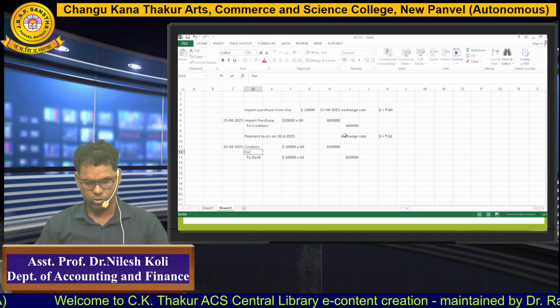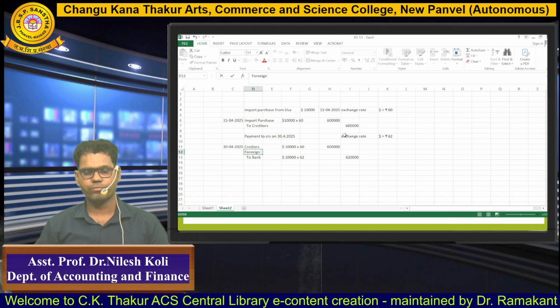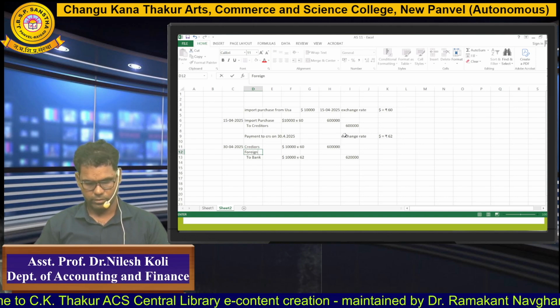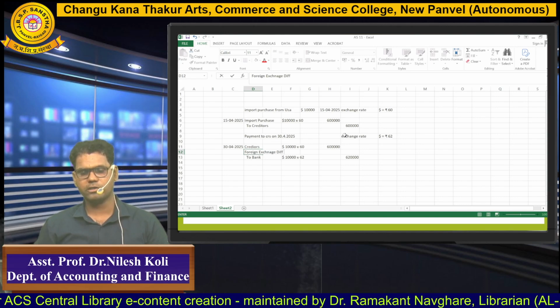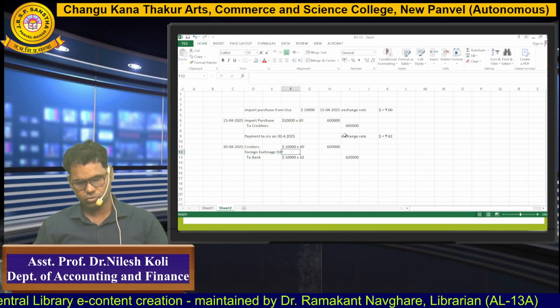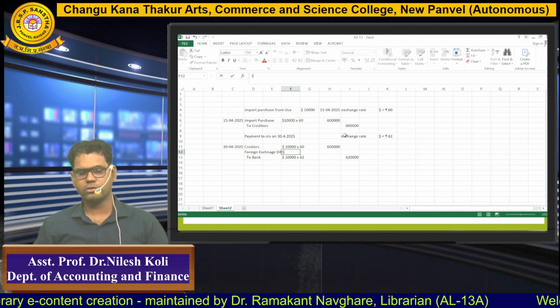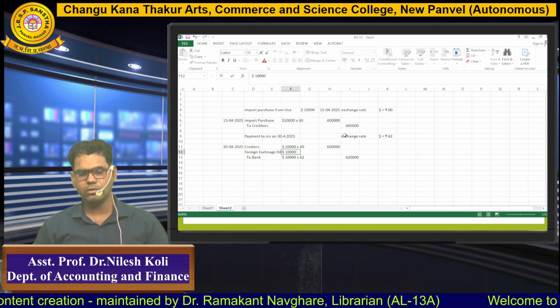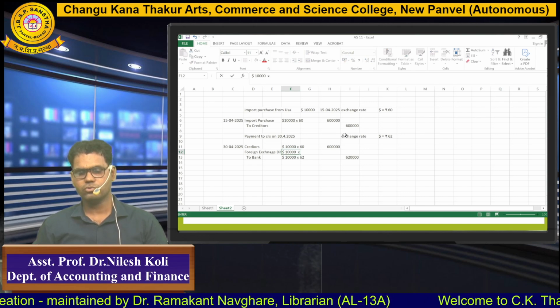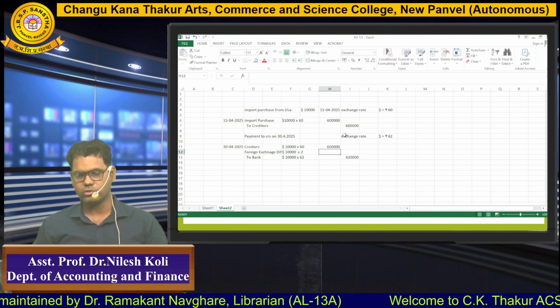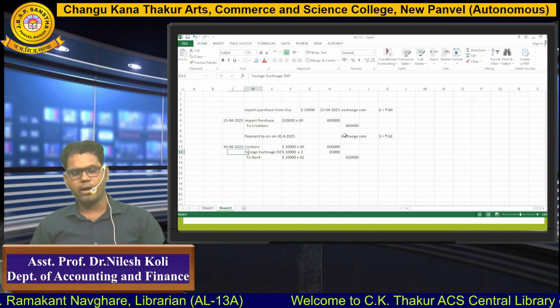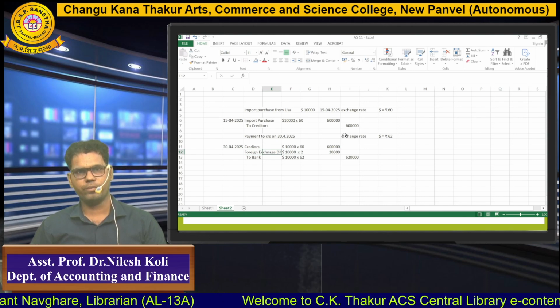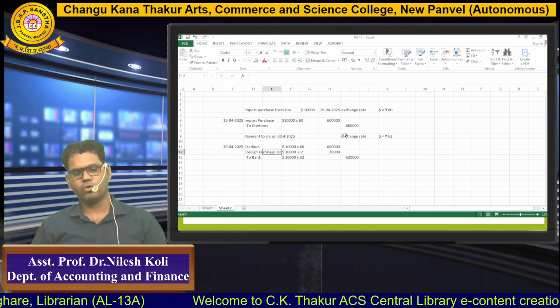There is one more account we have to prepare, the foreign exchange difference account, or else we call it the foreign exchange fluctuation account also. That amount will be 10,000 into 2 rupees per dollar, so that is 20,000. Like that the difference will be transferred to the foreign exchange account, and ultimately the foreign exchange difference account will be transferred to the P&L account.